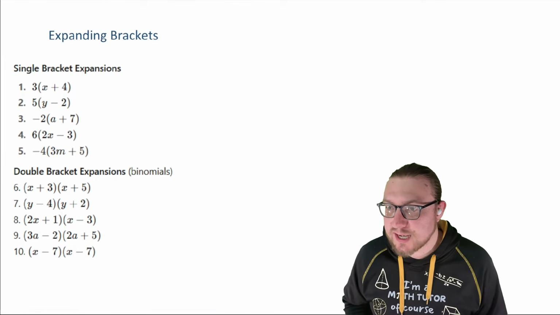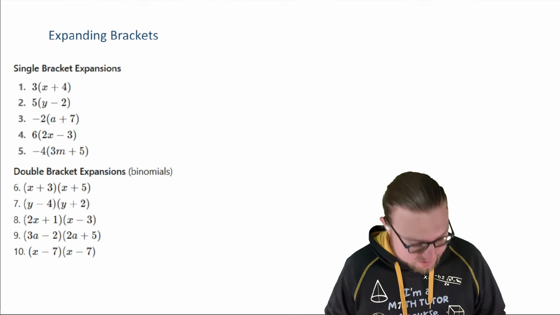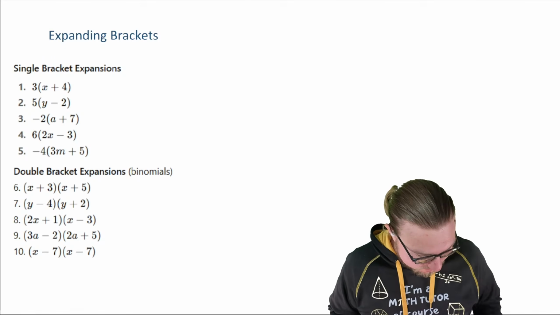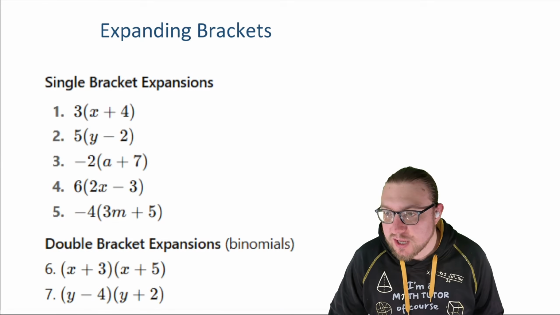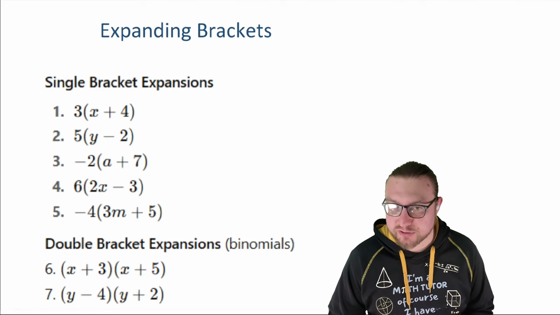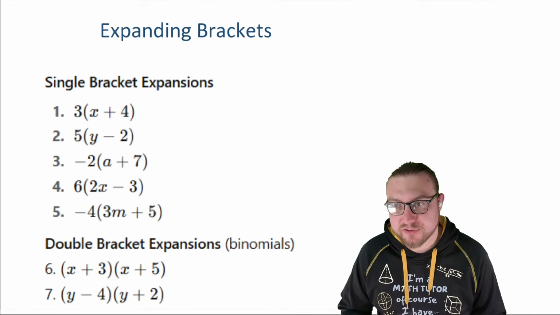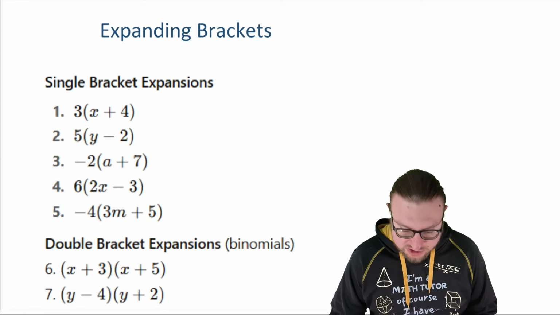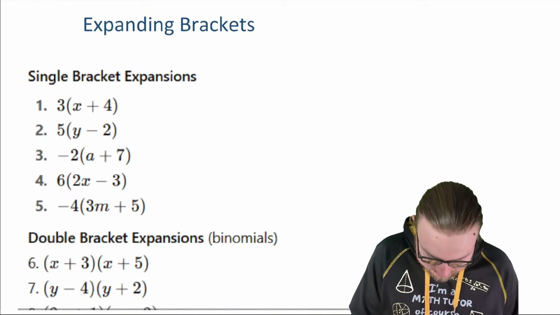So let's start with solving some expanding questions. Here we can see in the first part, single bracket expansion. Whenever you have brackets, expanding means we want to get rid of the brackets. And the rule is normally that whatever is in front of the brackets, we multiply with each part in the brackets. So let's have a look at the first example.